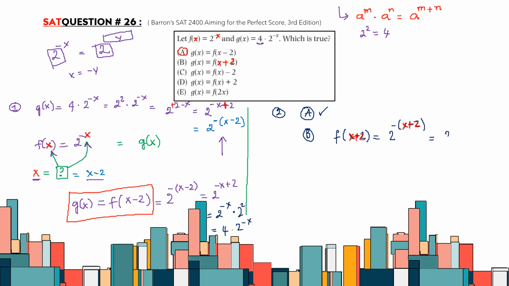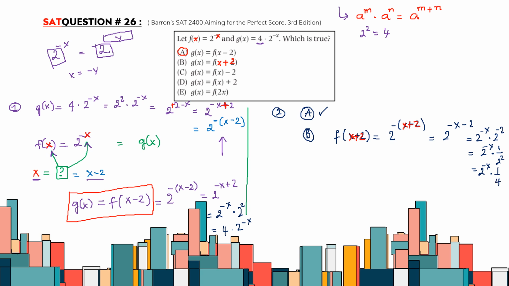This one will give you 2 to the power of minus x minus 2. That is 2 to the power of negative x times 2 to the power of negative 2. And this is 2 to the power of negative x multiplied by 1 over 2 squared, which is 2 to the power of negative x multiplied by 1/4.